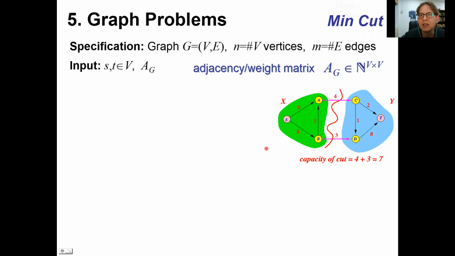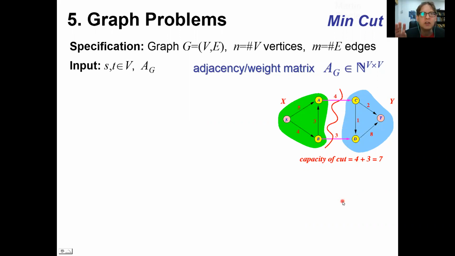A cut is a subset of the edges induced by such a partition. The partition refers to the vertices, the green and the blue vertices, and the cut of this partition are the edges that go from the green to the blue vertices. Not within the green, nor within the blue, but only edges going from green to blue. Well, let me say that again.